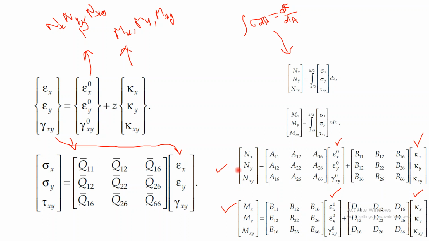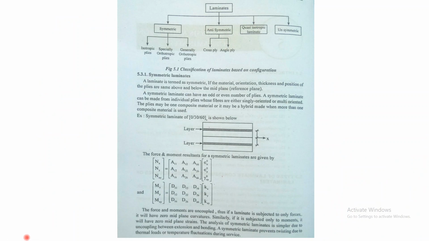Let us look into the next part, that is the laminate codes, special laminate codes and their behavior. The laminates can be classified as symmetric, antisymmetric, quasi-isotropic and unsymmetric laminates.